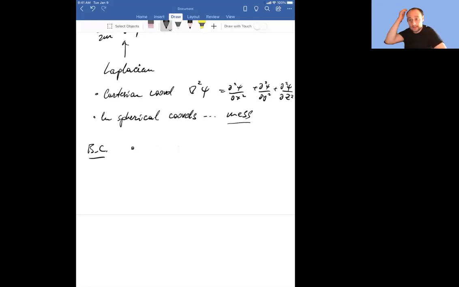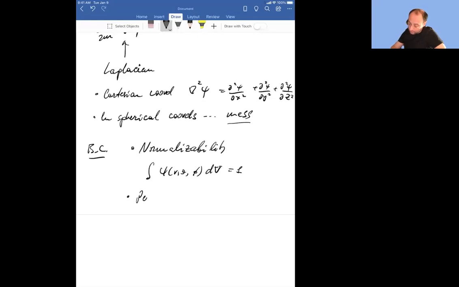It also cannot contain non-integrable singularities. In other words, the integral of psi squared dV, this is volume, has to be 1. So it has to be integrable.